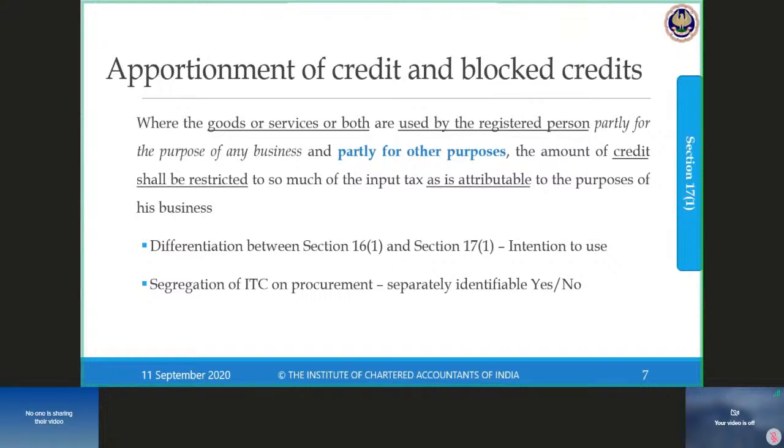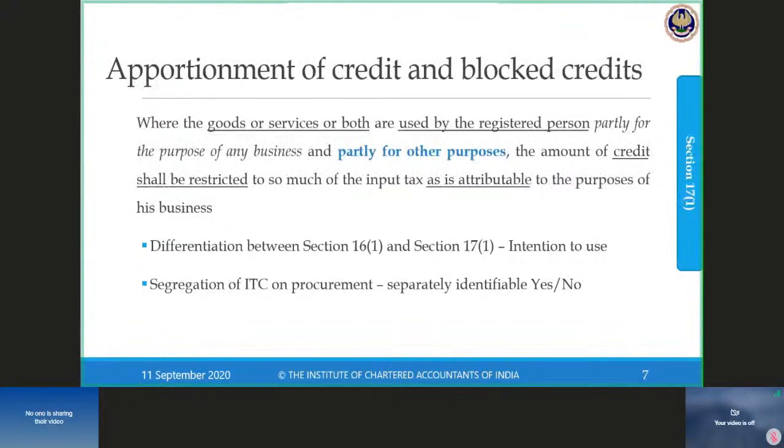Now the relevant point here is, sir, when I account for the bill, at that point should I identify, or after accounting for the bill should I identify? So the usage, my ITC on procurement, is it identifiable at the stage of procurement, or not readily identifiable at that stage of procurement? Say I am in the business of manufacturing bicycles. When I procure raw materials like steel, wheels and tubes, I use them for the manufacturing activity.